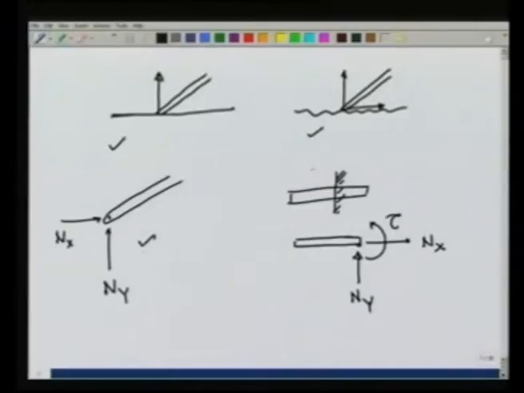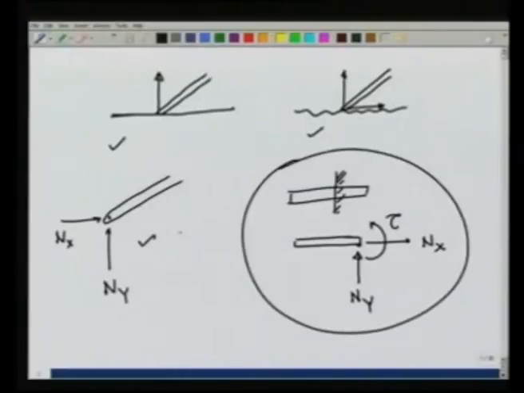Now, let me solve an example using a fixed joint. For this, I take a household example of a gate, which is on two supports like this.